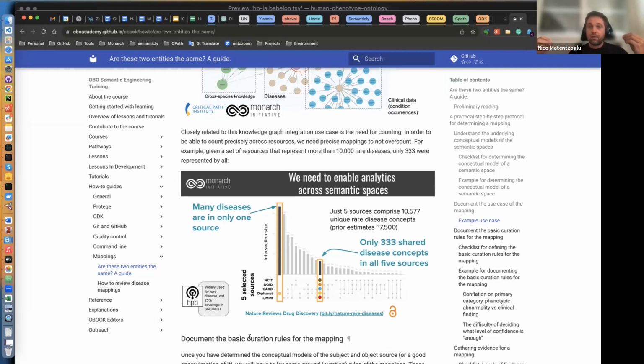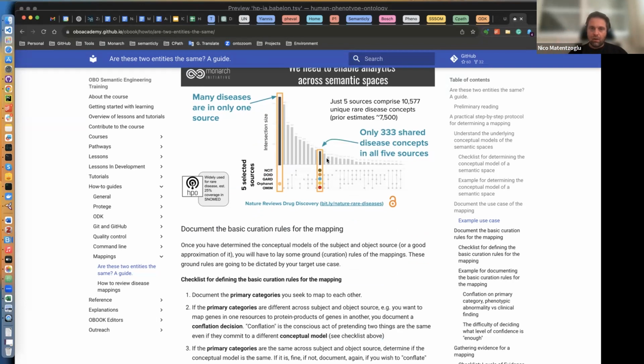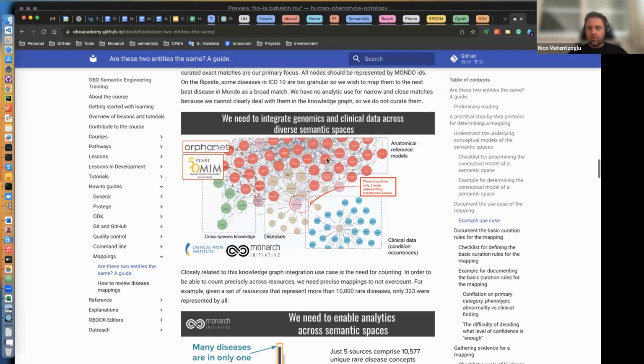In order to make that kind of count, you have to count across a variety of different resources that document rare diseases. And you can only count accurately if you know which of these concepts correspond exactly to one another. So that's our use case for today.